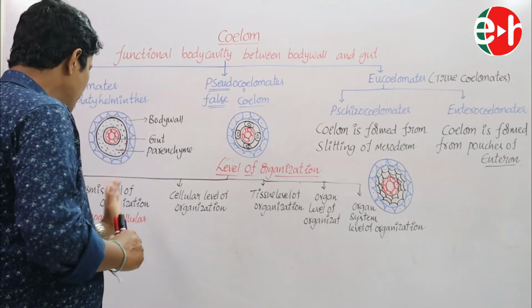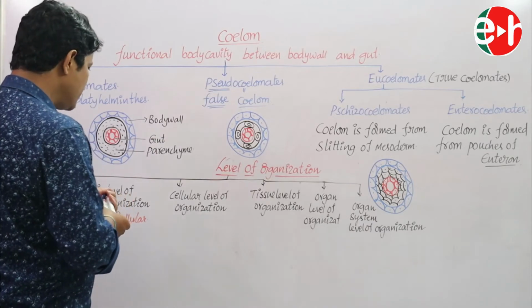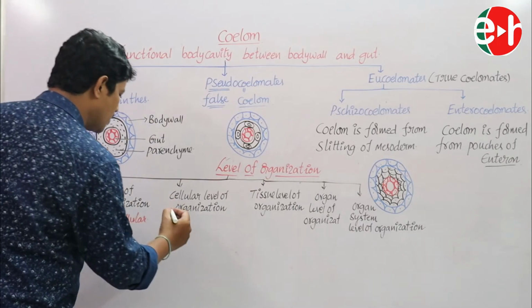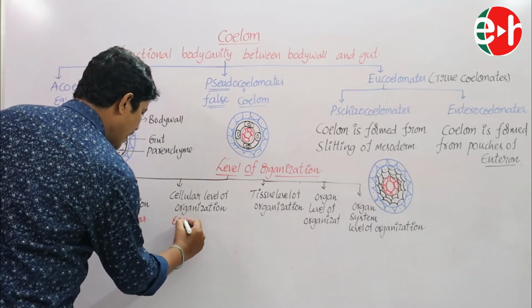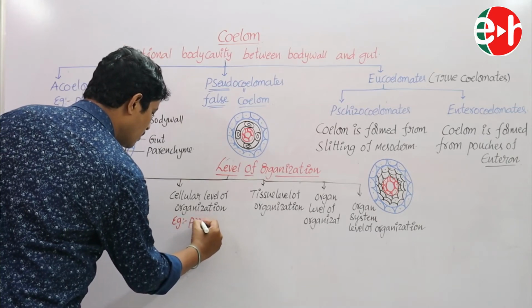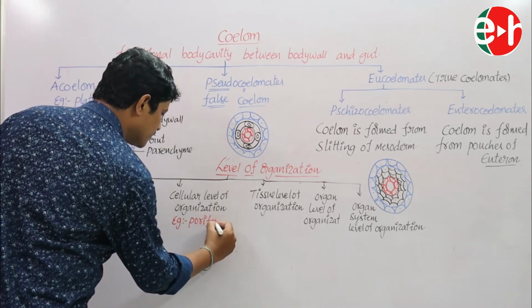When we move from the protoplasmic level to the cellular level of organization, the example is poriferan animals.